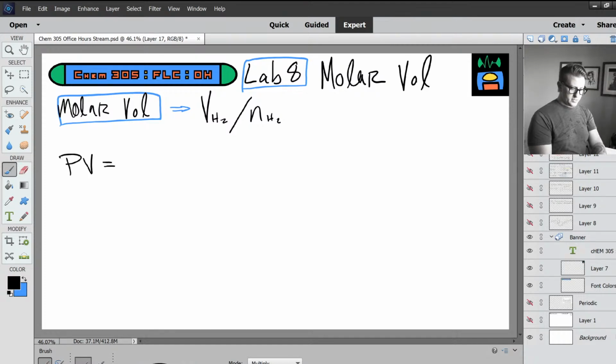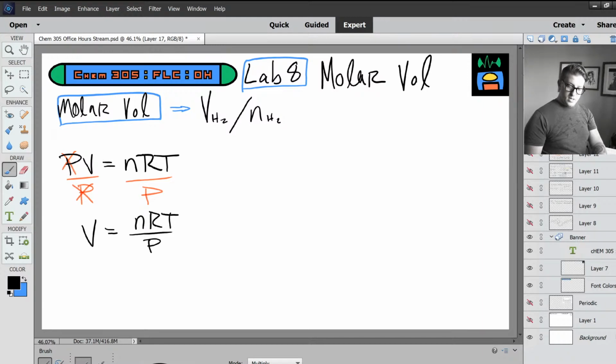PV equals nRT. I actually wanted to divide both sides by pressure, so I get volume is equal to nRT over P. Now I want to divide both sides by number of moles, or multiply by 1 over n.